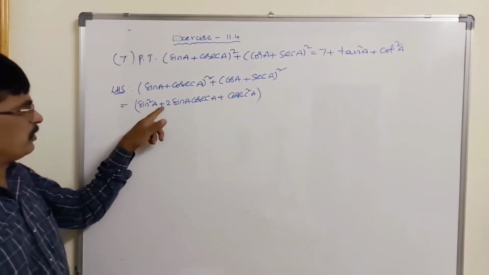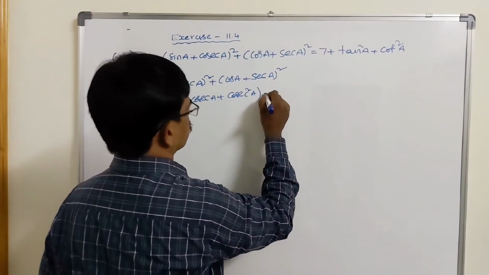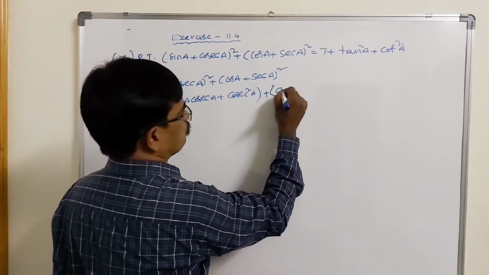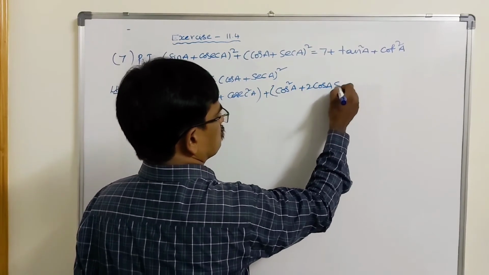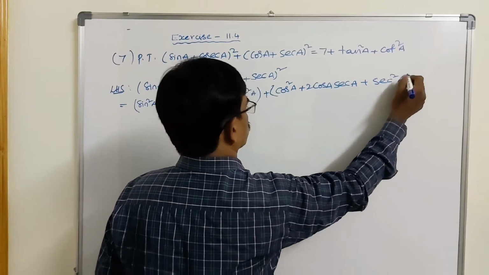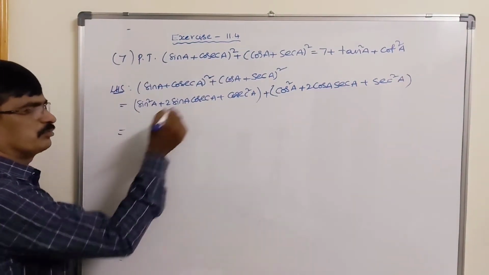So A square plus 2AB plus B square, plus A plus B whole square again: cos square A plus 2 cos A secant A plus secant square A. Now remove the brackets.